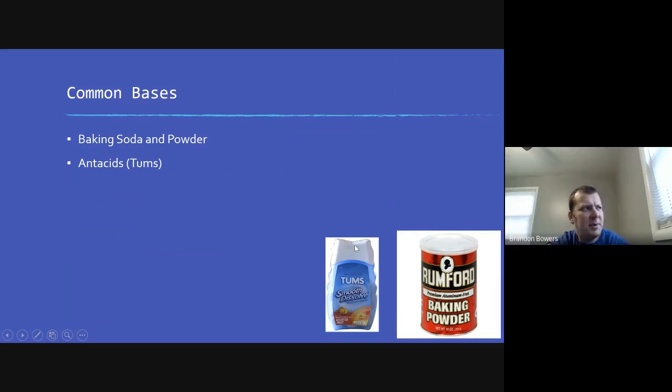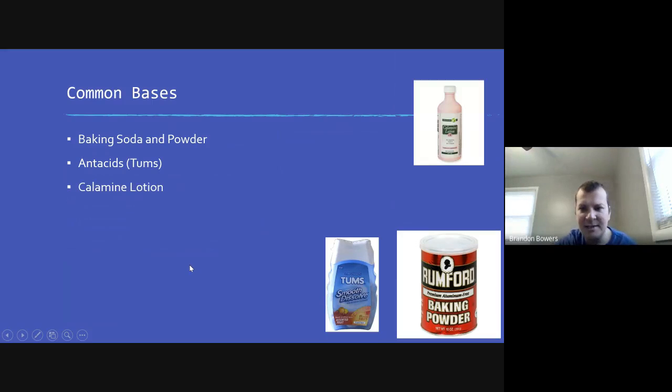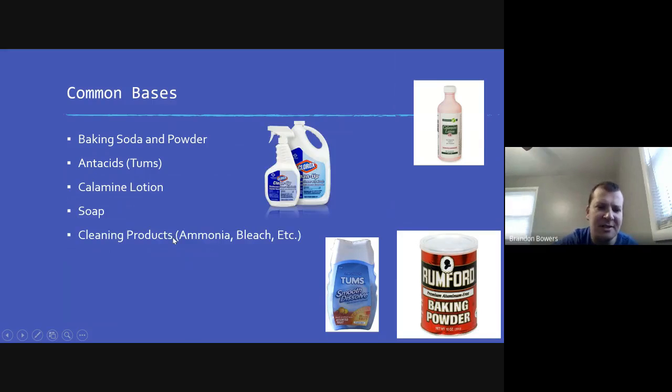So some people have heartburn and you take Tums. That's because Tums is a base, okay? You have stomach acid and you add a base to it, the acid and the base neutralize. And that's why people take Tums.